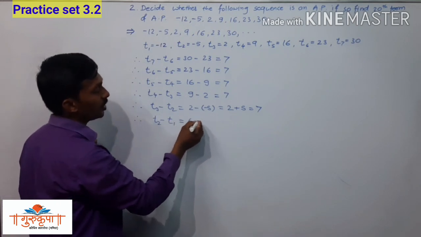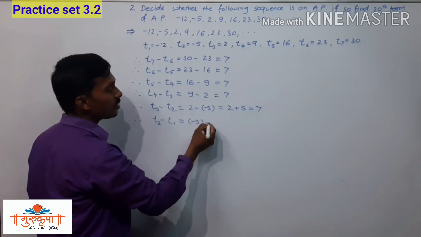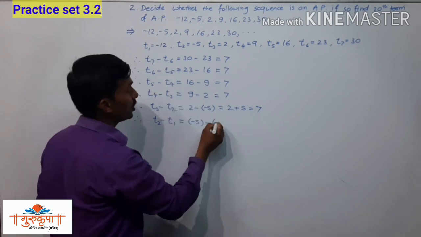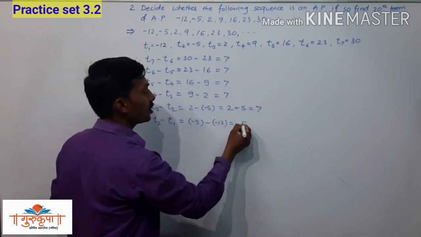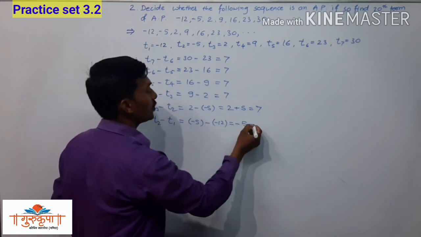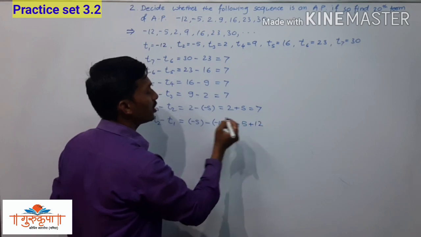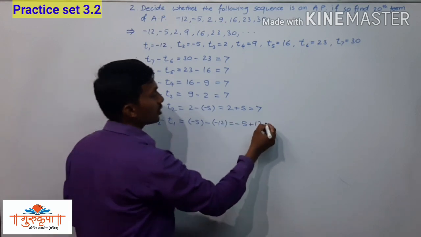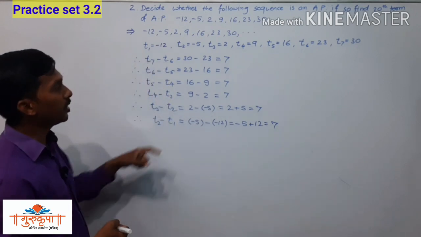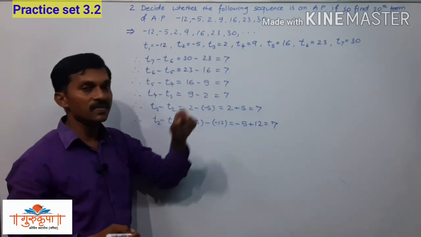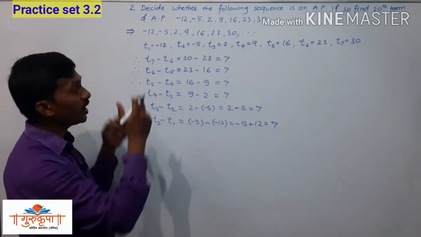T2 is minus 5 minus T1 is minus 12. Minus into minus is plus, so 12 minus 5 is 7. So here we will write 7. Now everywhere the common difference is the same, it means that it is an AP.